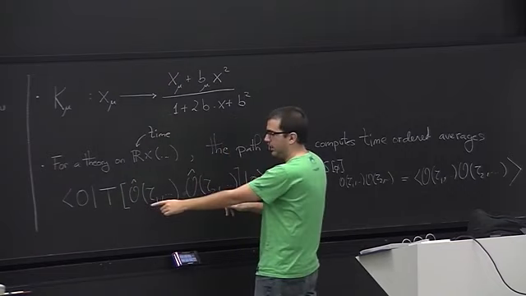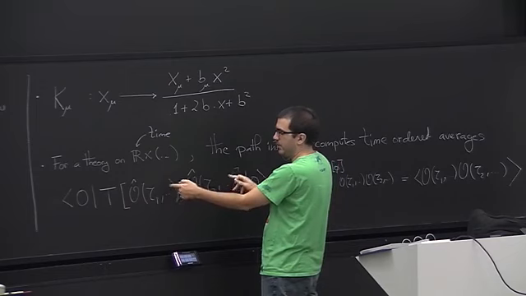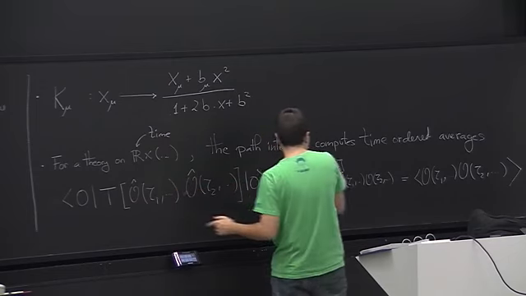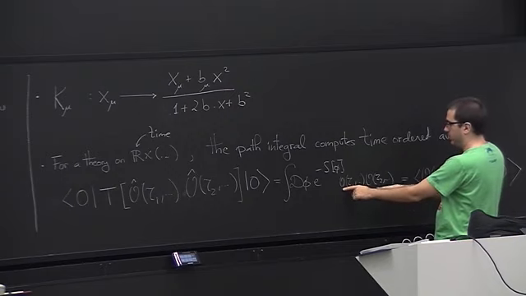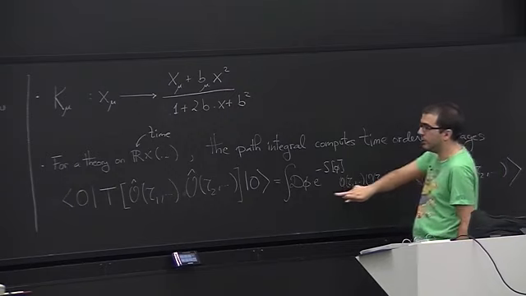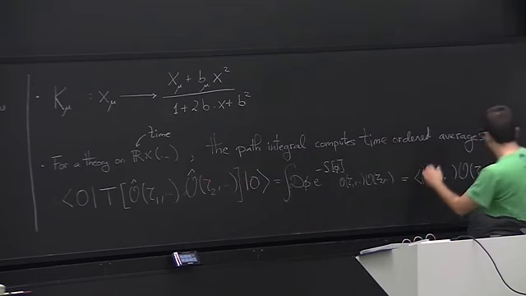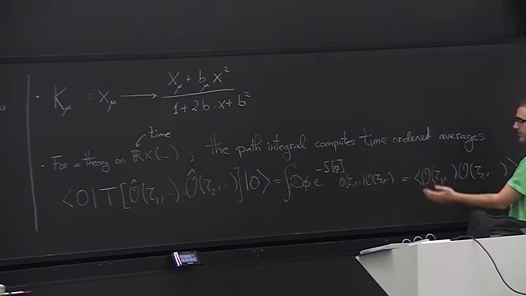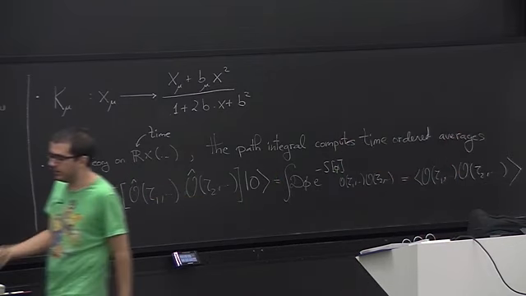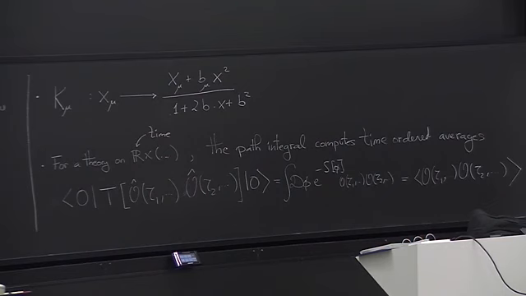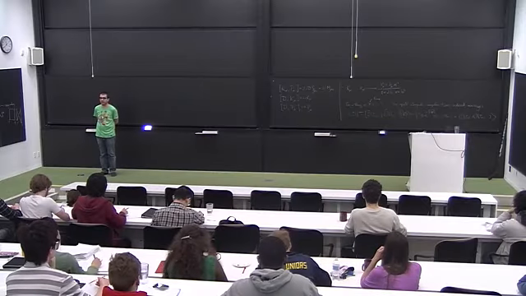So if you compute the operator at time t1 and the operator at time t2, it can depend on other labels like space labels or whatever, and this is what the path integral computes. You put the field O at tau 1, the field O at tau 2, it's computing this time-ordered product. So when we say expectation value in a theory, what we mean, of course, in the language of canonical quantization, is the time-ordered product of the operators corresponding to the fields that we are computing the average of.